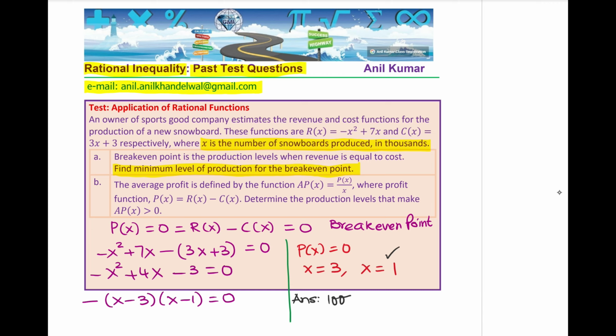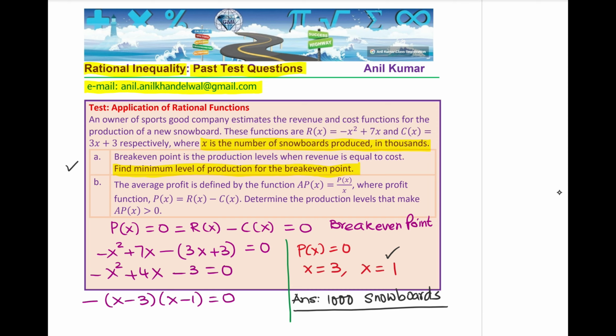So we need 1,000 snowboards. So that is how we can answer this particular question. Important is to note that we have to write the correct units, produced in thousands, and also only the minimum level, correct? So with that, we have solved part A.